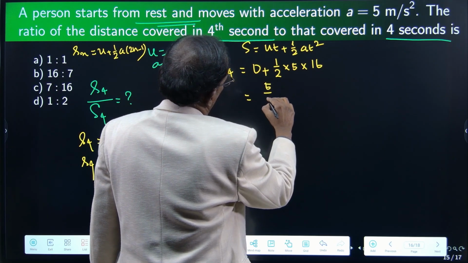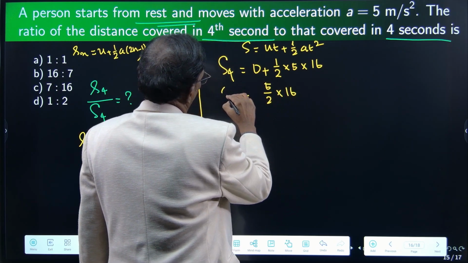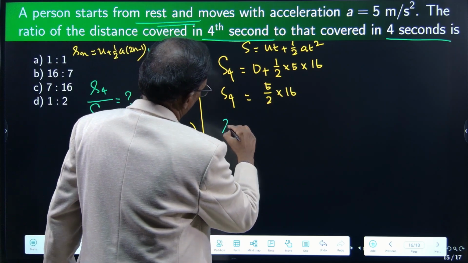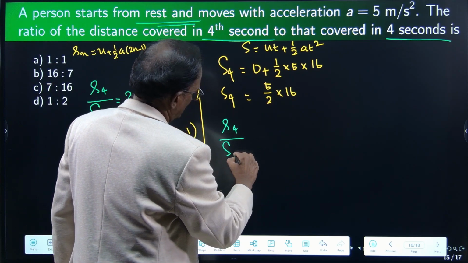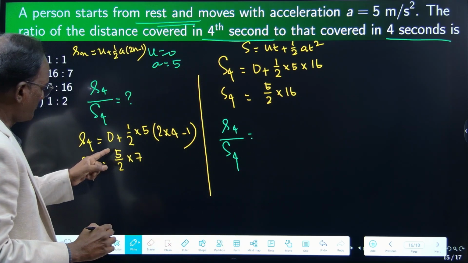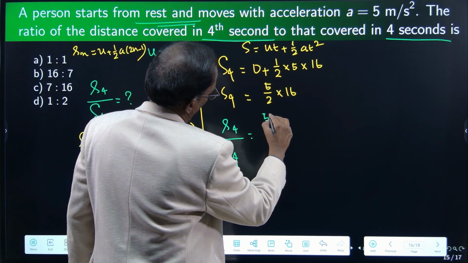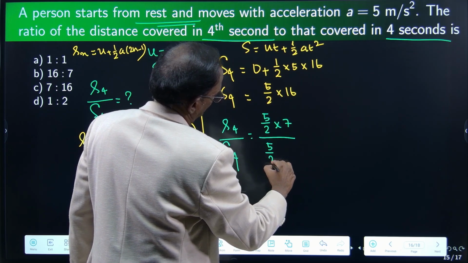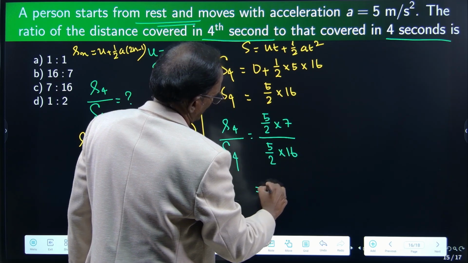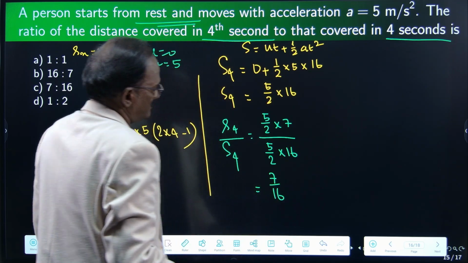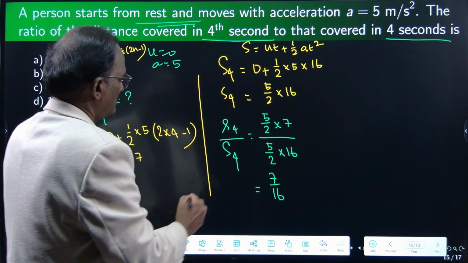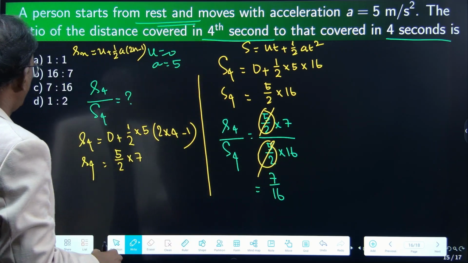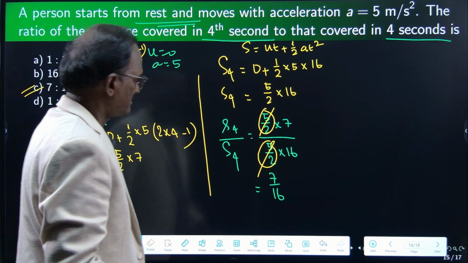So this is 5 by 2 into 16, capital S suffix 4. We need this ratio, small s suffix 4 divided by capital S suffix 4. S4 is 5 by 2 into 7, and this is 5 by 2 into 16. The 5 by 2 terms cancel, so the answer is 7 by 16. Option C is correct.